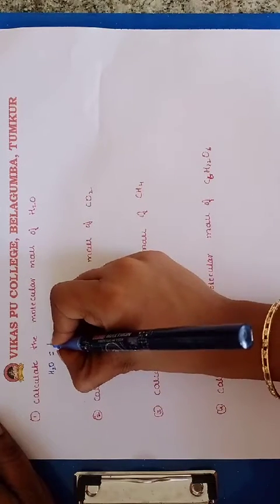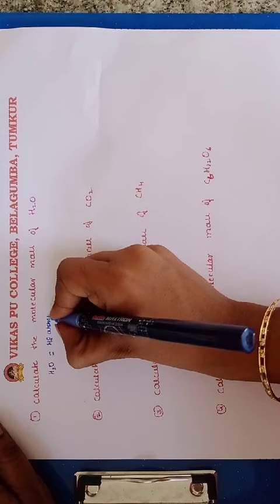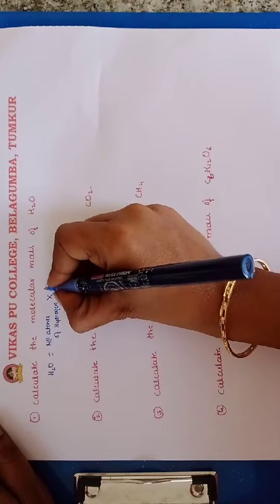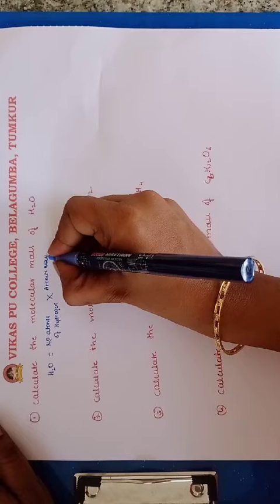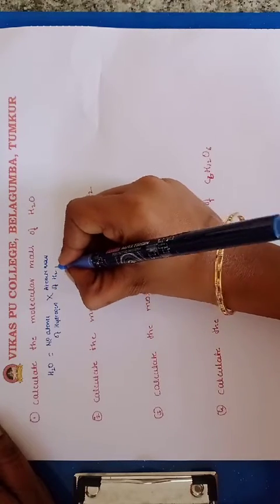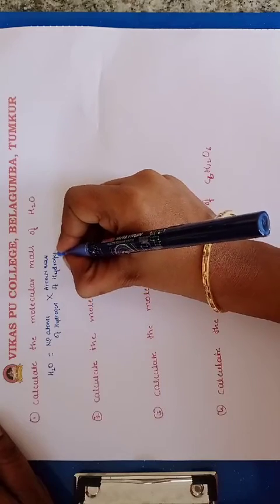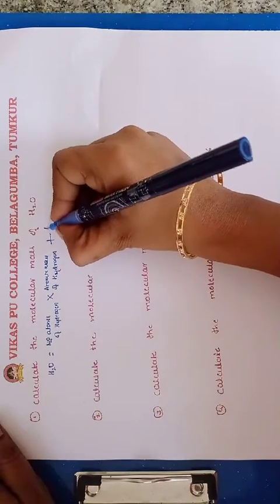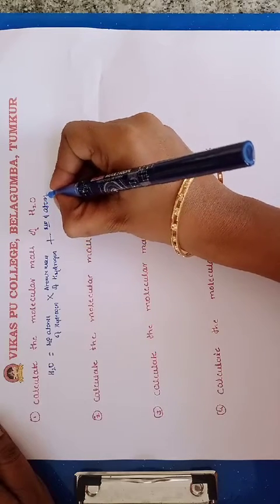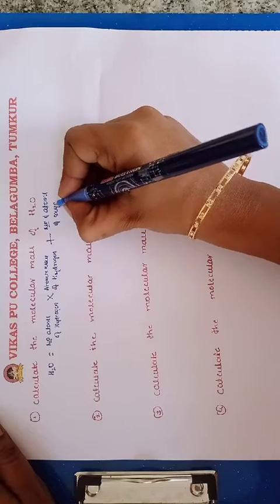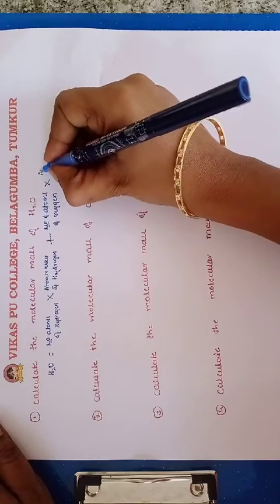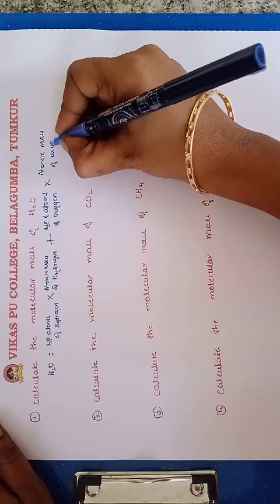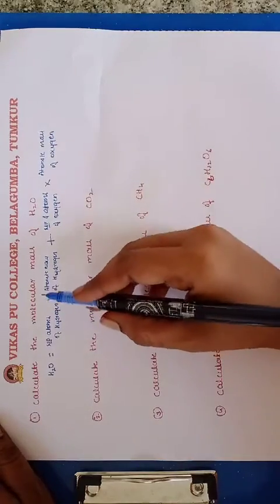What we should do is: number of atoms of hydrogen into atomic mass of hydrogen, plus, for the other atom present, oxygen, number of atoms of oxygen into atomic mass of oxygen.